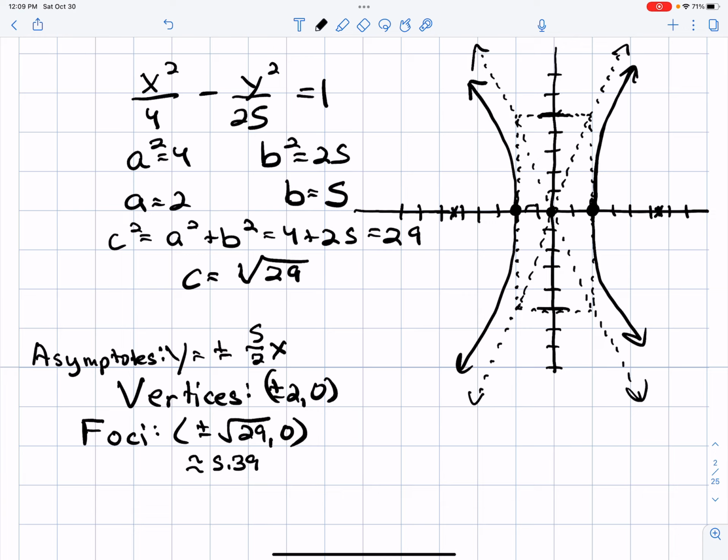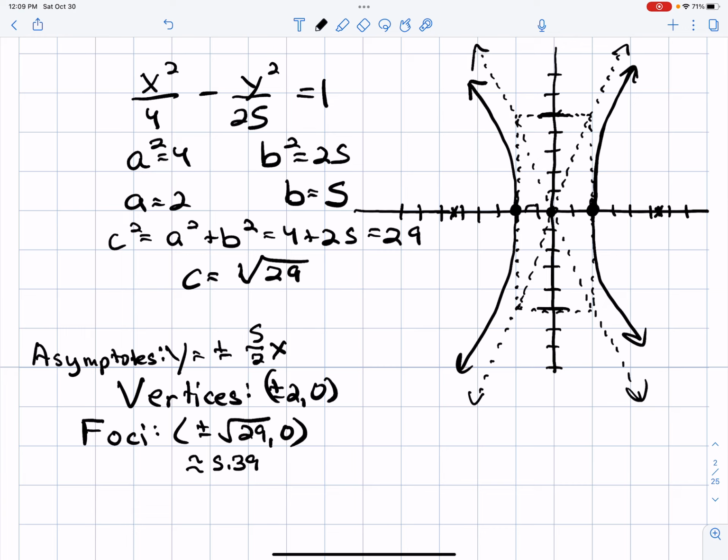So your foci are out there. So you can pick any point you want on the hyperbola that we just drew. And if you look at those 2 foci and look at the distances from any point on the hyperbola to those 2 foci, you can subtract the distances and take the absolute value of that. And it's going to be the same no matter what point you pick on your hyperbola to those 2 foci.